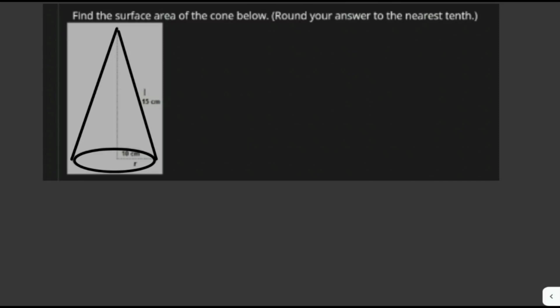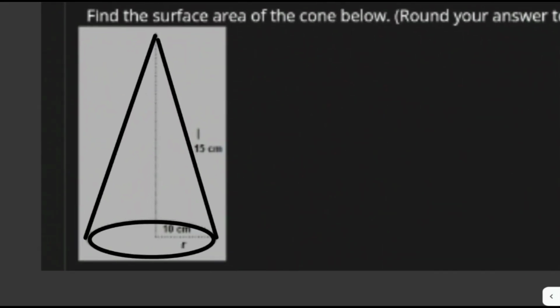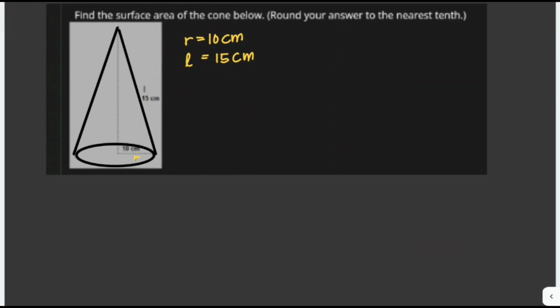Find the surface area of the cone below. Round your answer to the nearest tenth. So we're given here a cone, given the radius. The radius is equal to 10 centimeters, and then the slant height is equal to 15 centimeters.